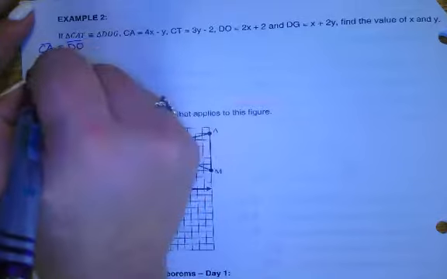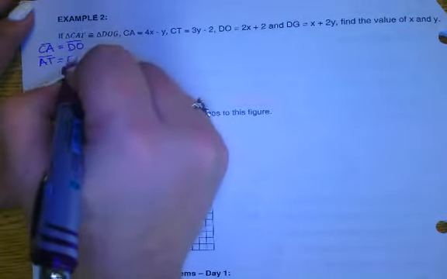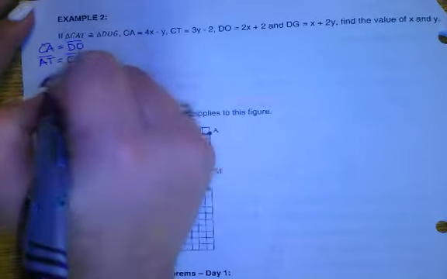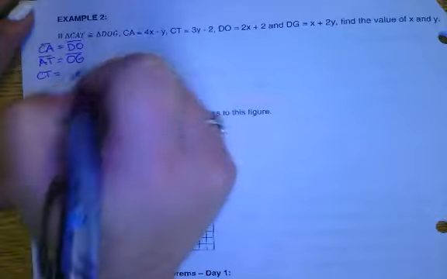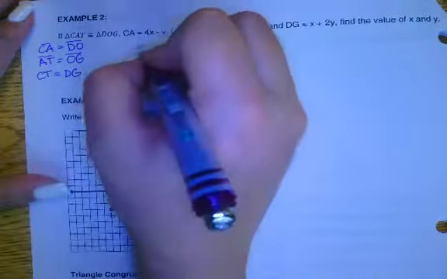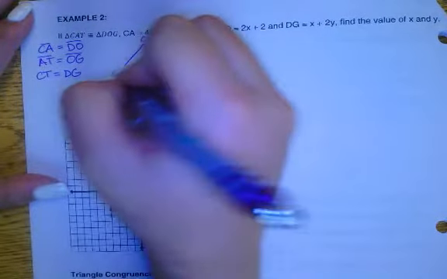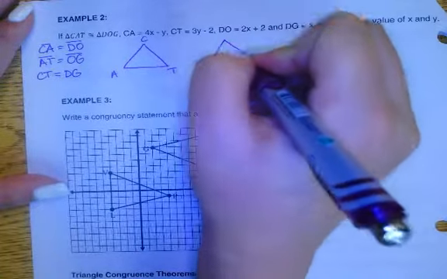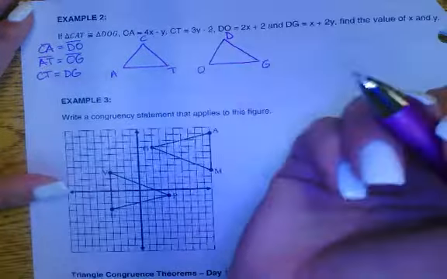We know that AT equals OG. We know that CT equals DG. And if you want to take a second and actually draw the pictures, CAT, DOG, we can pretend that those are congruent.